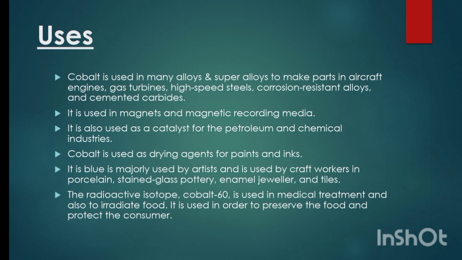Its blue is majorly used by artists and by craft workers in porcelain, stained glass, pottery, enamel jewelry, and tiles. The radioactive isotope cobalt 60 is used in the treatment of cancer and to irradiate food. It is used in order to preserve the food and protect the consumer.